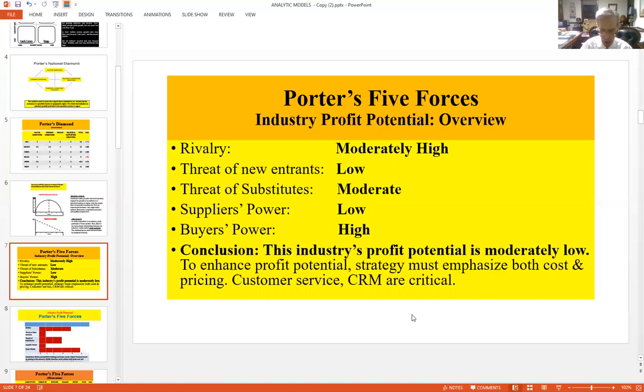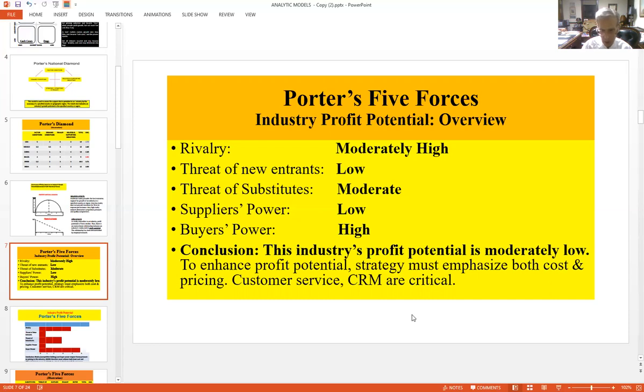And what I'm going to show you now are three different ways of reporting the results of a five forces analysis. So here's a fairly simple one, but it serves a purpose. It simply provides an overview of those five forces and their relative strength.